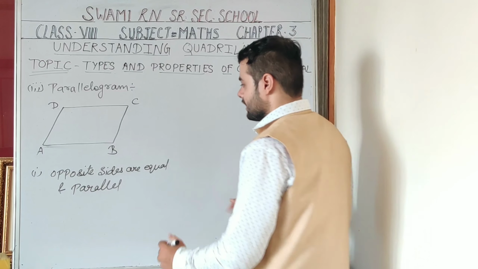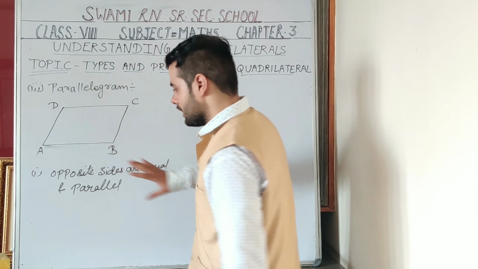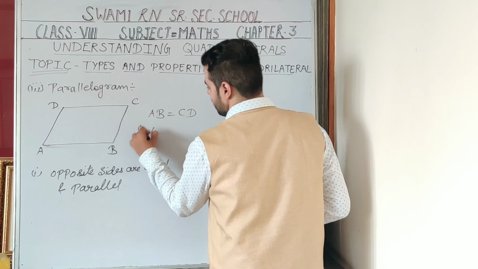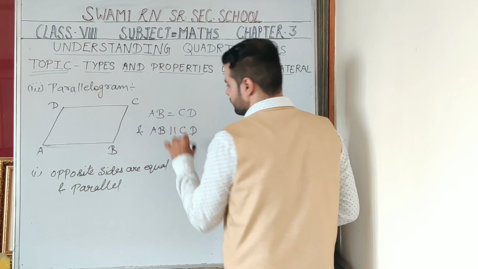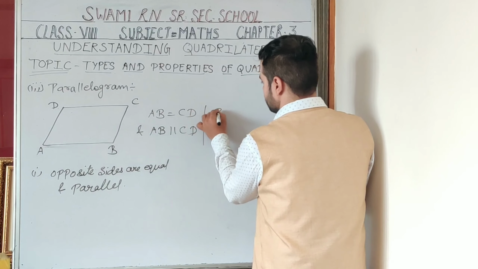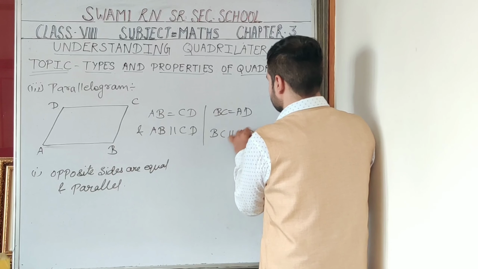Opposite sides AB and DC are equal: AB equals CD and AB is parallel to CD also. Similarly, BC equals AD, and BC is parallel to AD also.